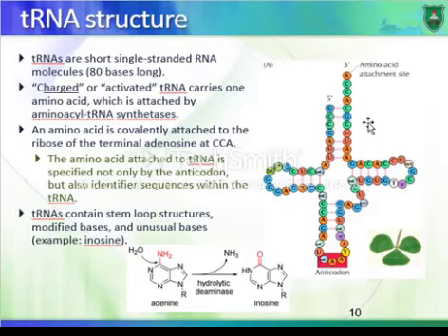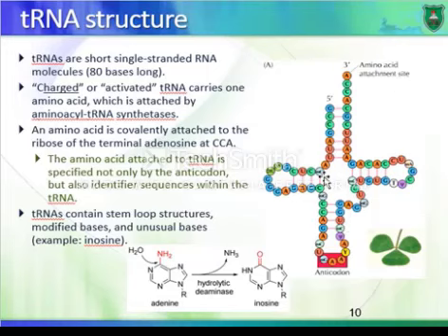In fact, the specific attachment of one amino acid to the tRNA is specified not only by the anticodon, but also by some identifier sequences within the tRNA that can specify the attachment of a specific amino acid.